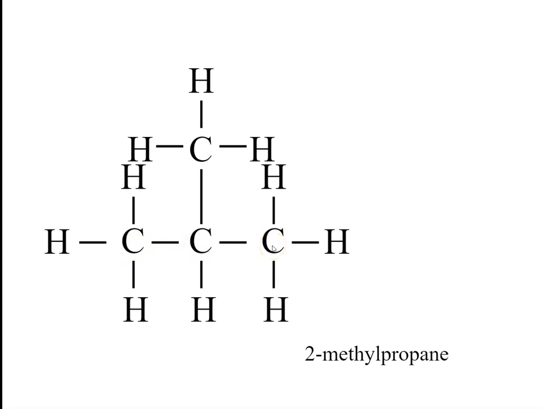And then why 2-methyl? Well, this group here, like methane without one of the H's, is called a methyl group, and it's on the second carbon in the chain, so 2-methylpropane. You'll be doing plenty more work on how alkanes are named in the not too distant future.